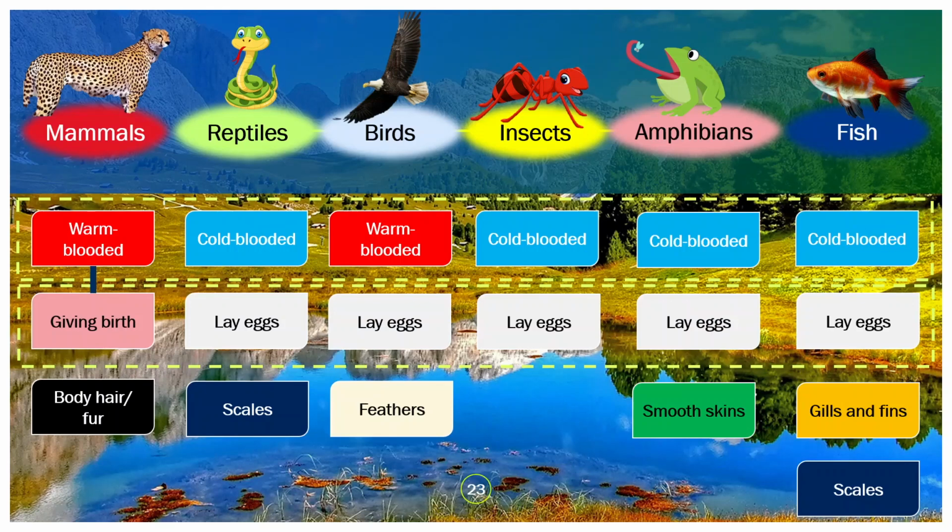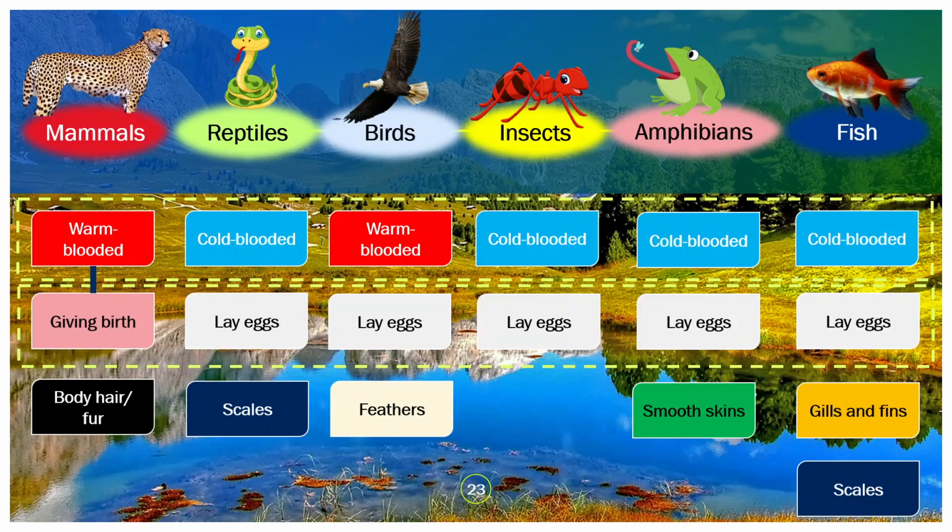For the next row, can you see only mammals give birth. The rest of the groups, the five groups, lay eggs for their babies. And the last row, the bottom part, is for the physical appearance. Do they have what on their body?